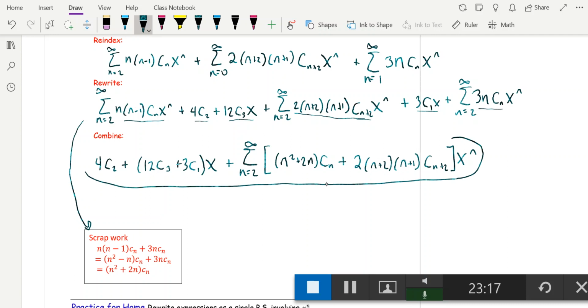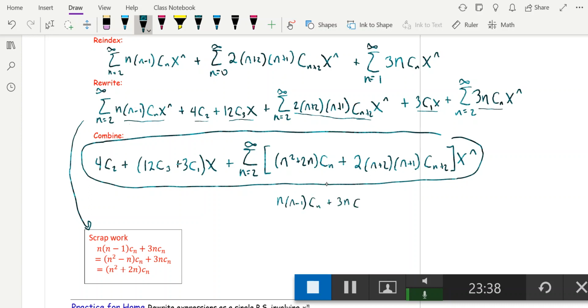And that's it. So when I combined, let's go backwards here. I didn't want to just copy down n times n minus 1 Cn plus 3n Cn plus n plus 2 n plus 1 Cn plus 2 x to the n.